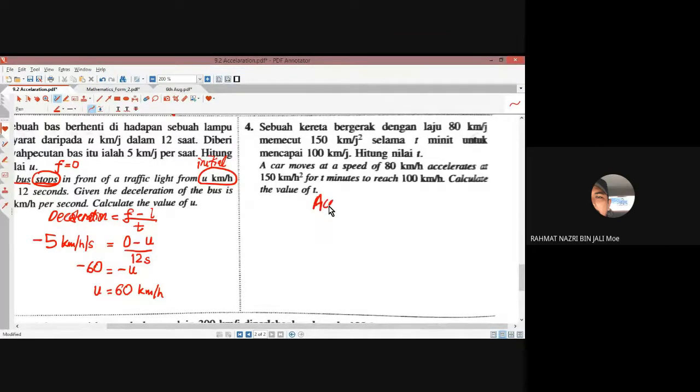Acceleration is equal to final minus initial divided by time, T. So acceleration, kita boleh refer here. Underline. So this is the acceleration. Ganti sini 150 kilometer per hour.